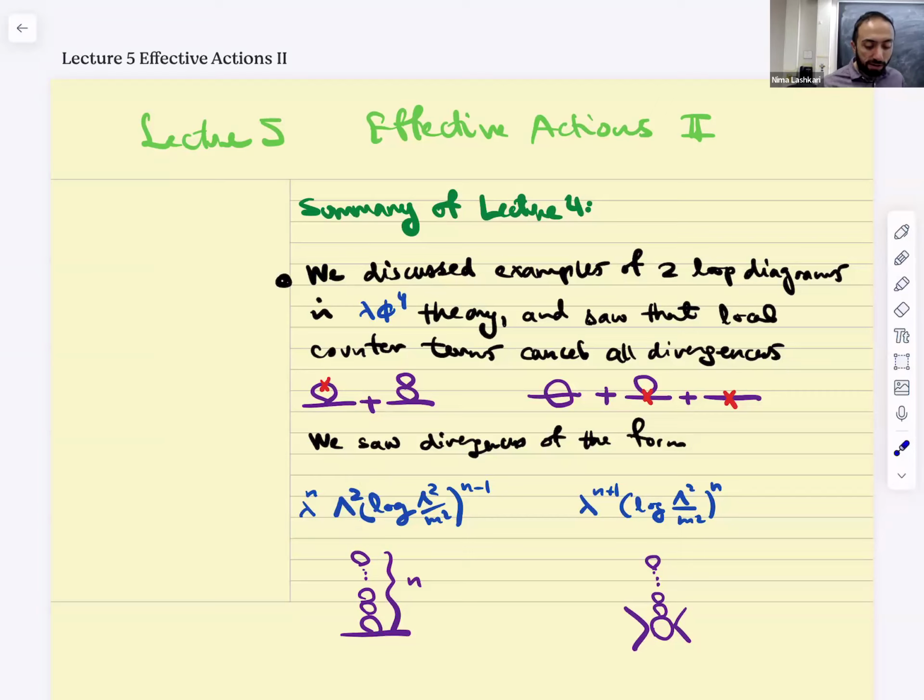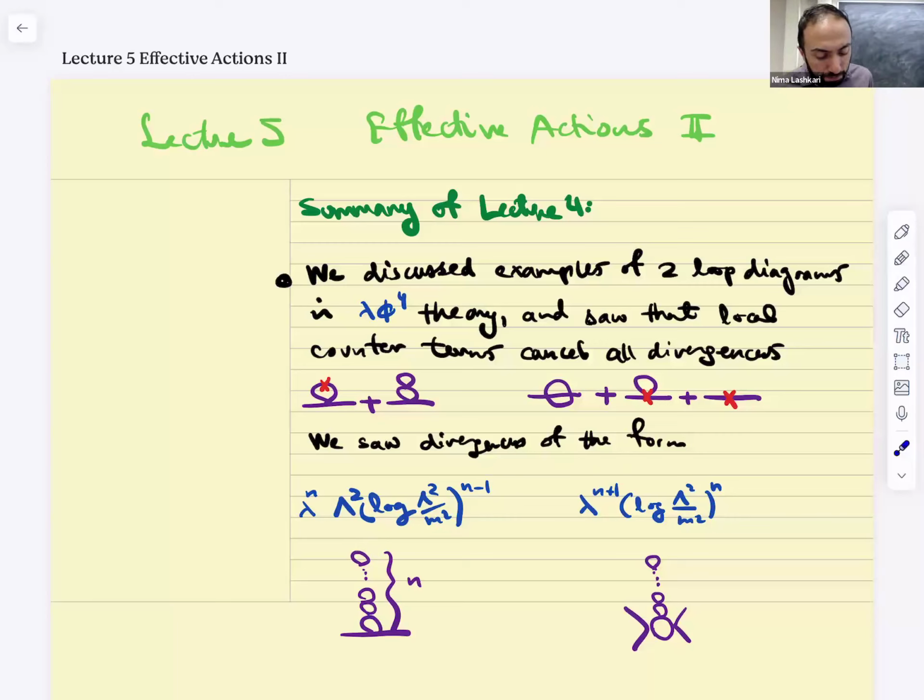This is a momentum cutoff, and then there's a log to the power of n minus 1. Hopefully you recall where the log was coming from. It's just a simple dimension counting argument because these guys involve two propagators, right? So each of these loops contributes as log of lambda squared. The last one has only one propagator, so it contributes as lambda squared, right?